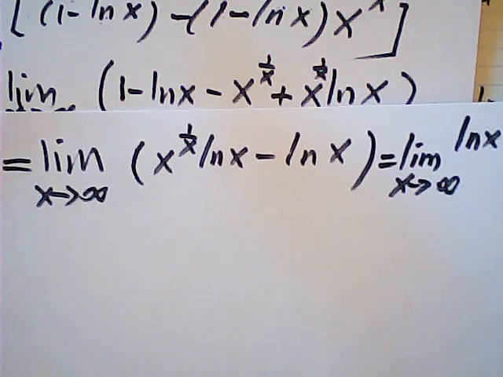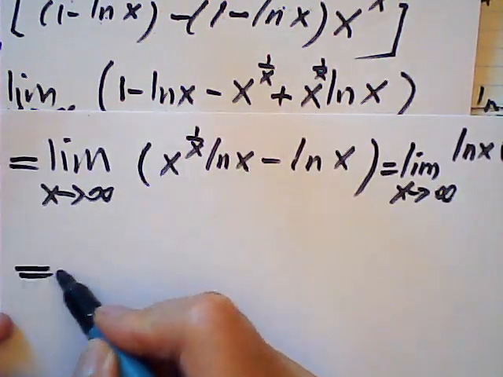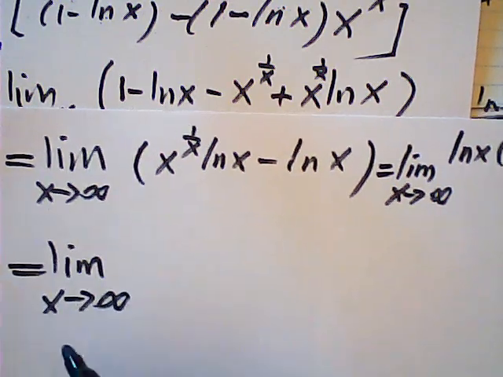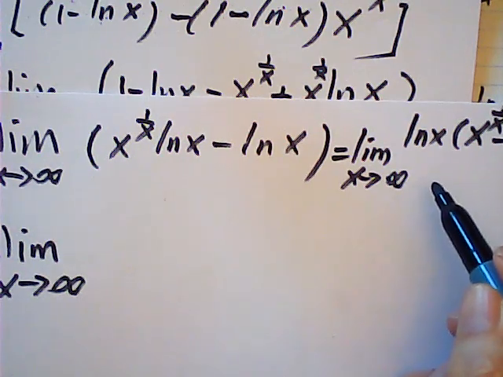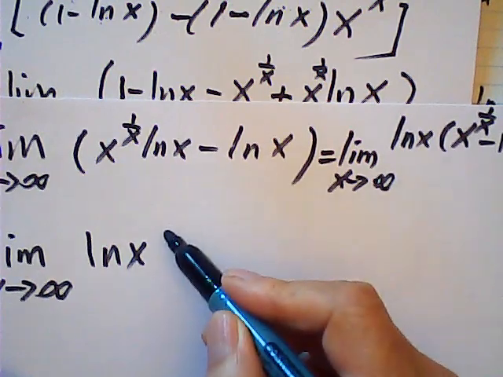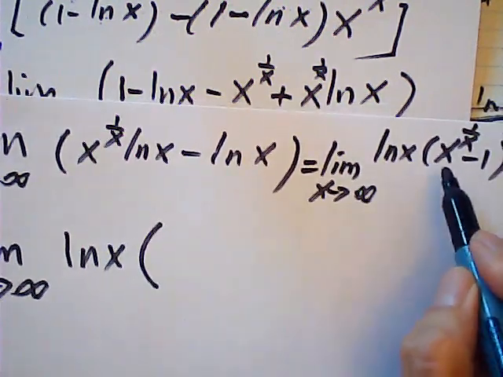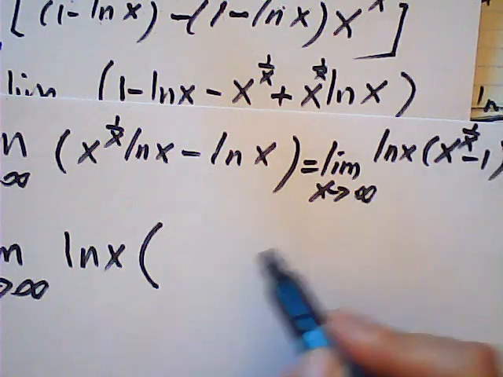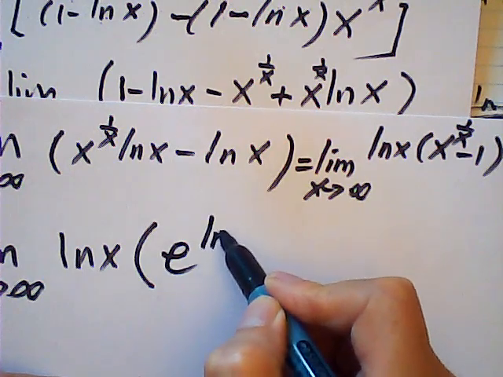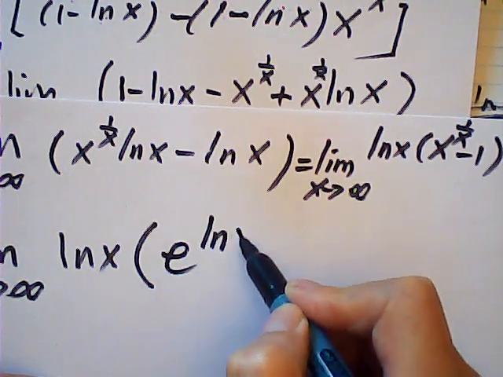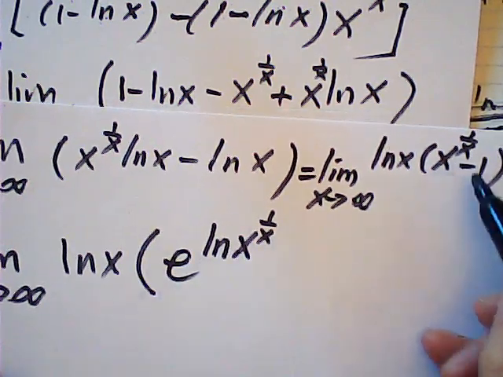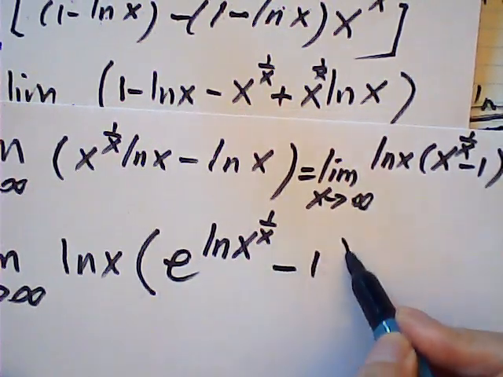Well, then as x goes to infinity, log x, that's log x, right? This x to the 1 over x could be written as exponential of log, this is the same thing as this one, minus 1.